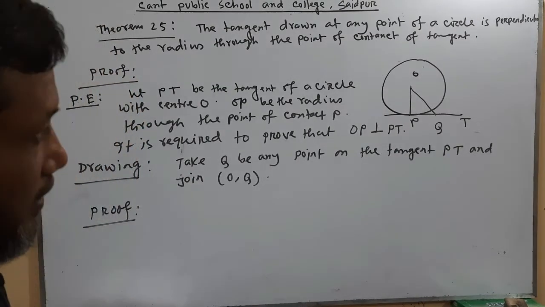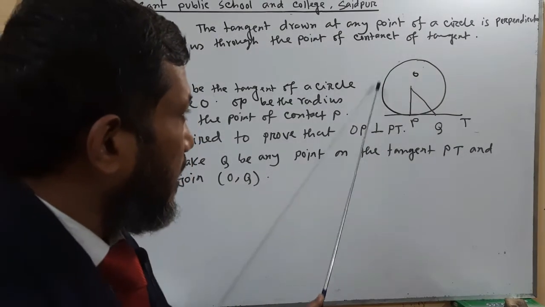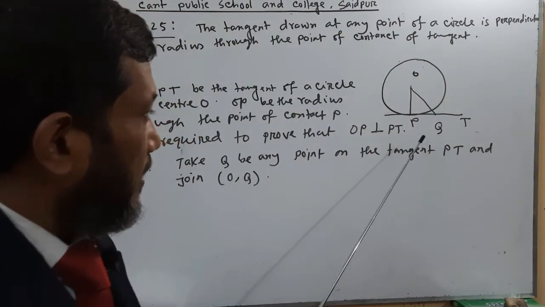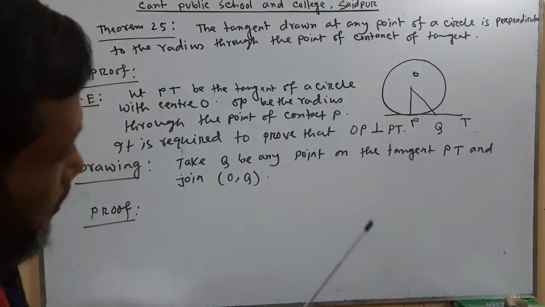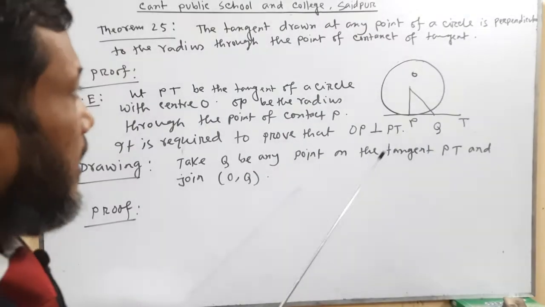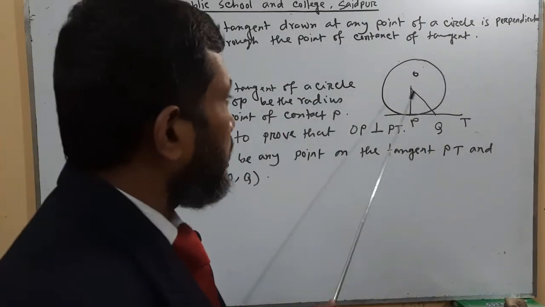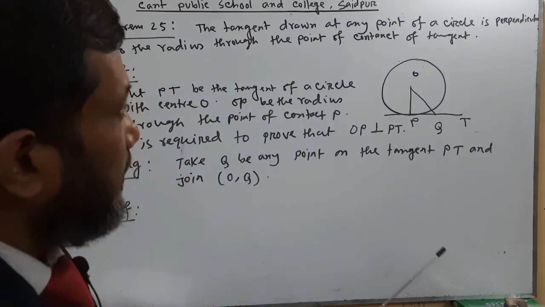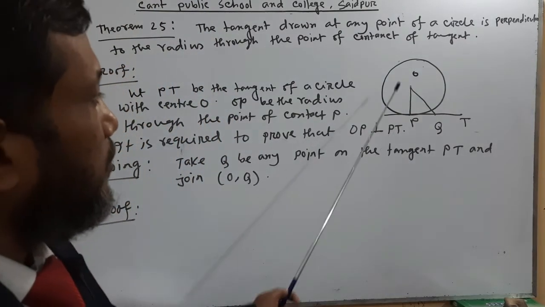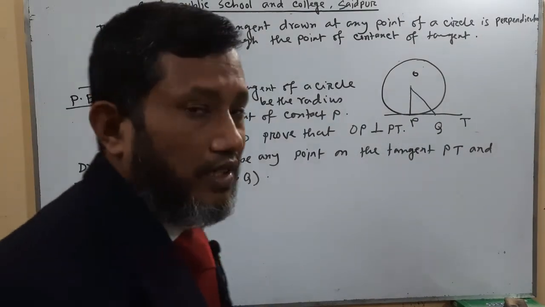all the points on the tangent except P are outside the circle. Therefore, Q will be outside of this circle. Here the distance from center to Q will be greater than the distance from O to P. That is, OQ is greater than OP.